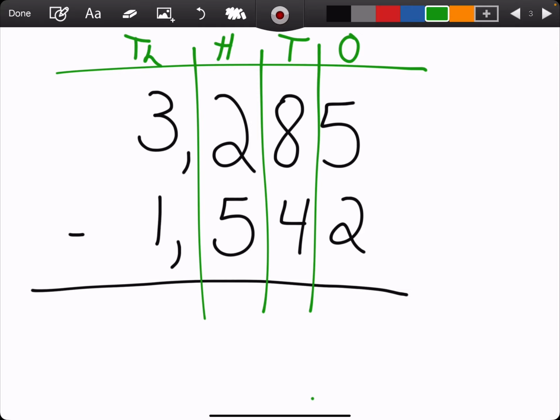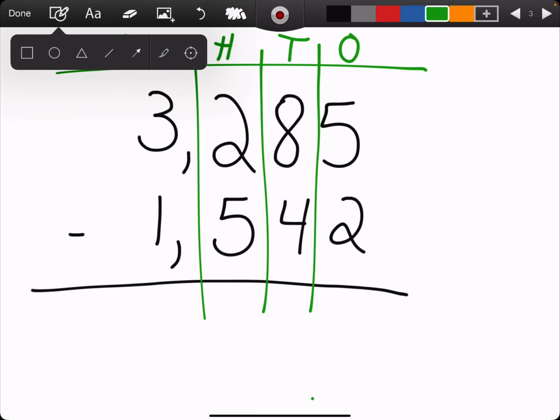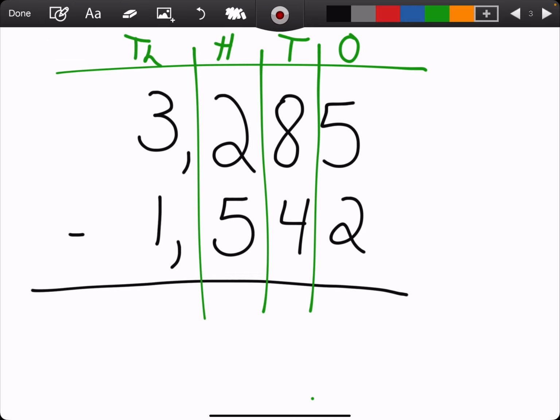So here, I'm going to start yet again in my ones place. Let me see. I could do right here. And that's my ones place. So I have 5 minus 2, right? What is 5 minus 2? 5 minus 2 is going to give us 3.